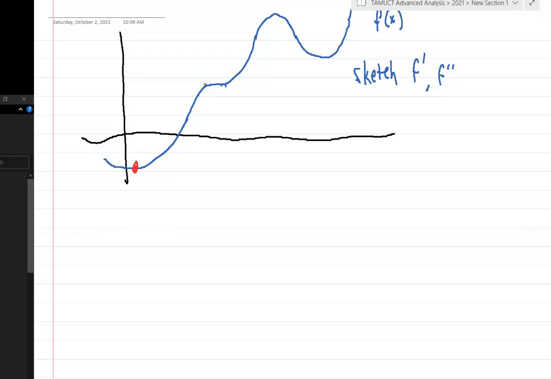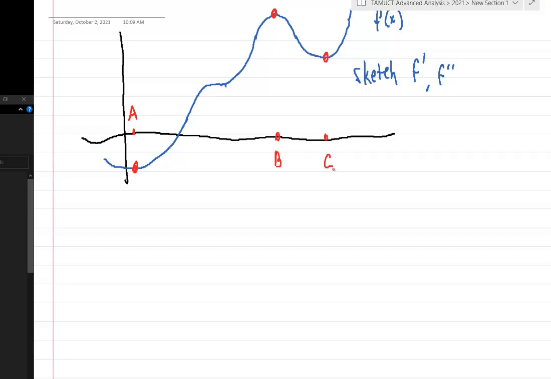Now this one is not quite a maximum because it doesn't go up and down. You see it keeps increasing but slowly, so it's not a maximum. This is a maximum here, and then here's a minimum. So those are the maxes and the mins. I'll call this point A, this point B, and this point C.